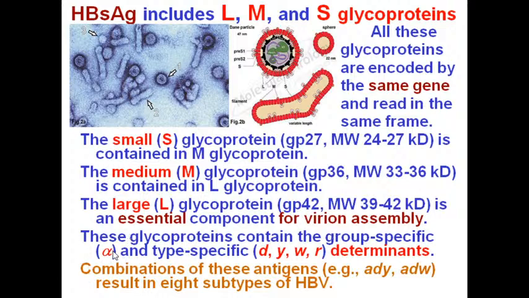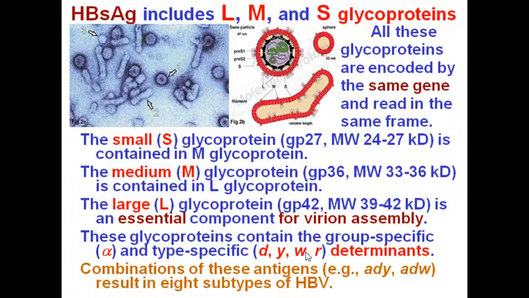The alpha group-specific antigen is the same in all strains of hepatitis B virus. And those minor antigenic determinants are specific for the particular types of hepatitis B.